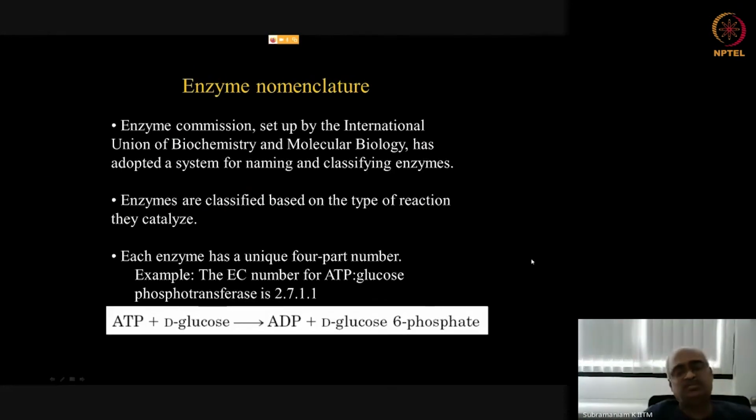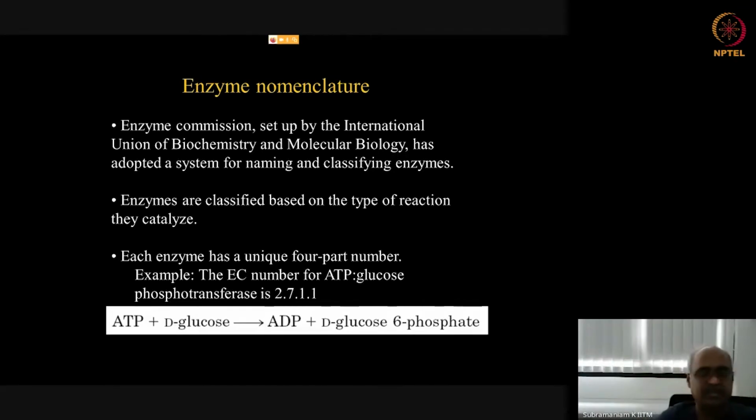Okay. So another aspect of enzymes we need to know is that there are a large number of enzymes. So how do we classify them, catalog them, and have a unique identity for each one of them? You might have discovered one enzyme with respect to its activity on one particular substrate and a certain condition, and based on that you would have named it.